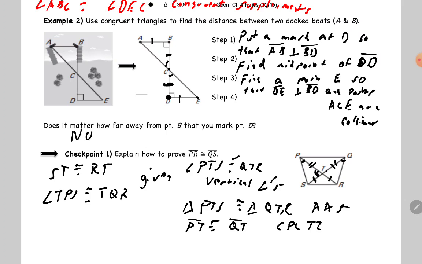Okay, and now we can combine. So PT plus TR is equal to PR. Same thing, QT plus TS is equal to QS. And we're allowed to do that because of the segment addition postulate.